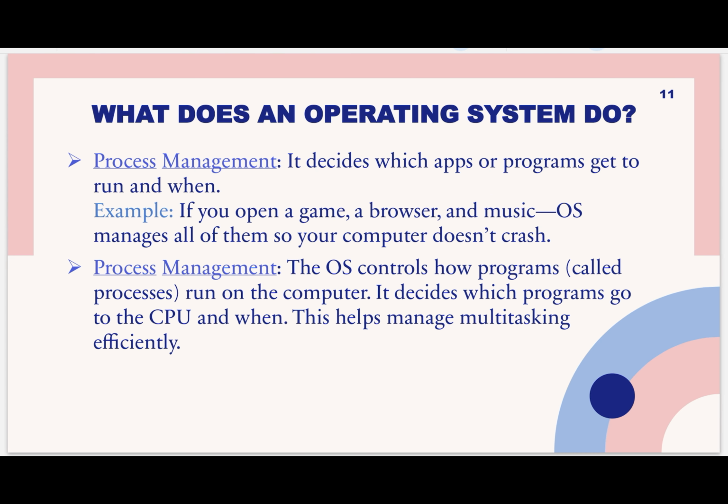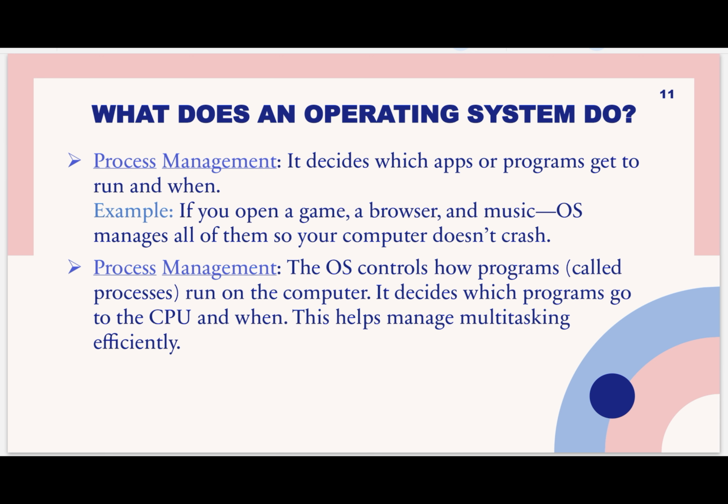See, what does an operating system do? Now there are different functions of the operating system, not just a few. There are many functions. One by one we will see all those functions. First function is process management. Means it decides which app or program gets to run and when, like a manager, right? Means which program should open now, and for how long it should be open.